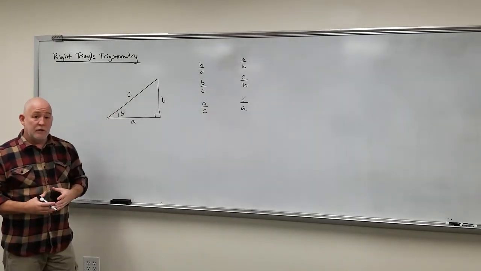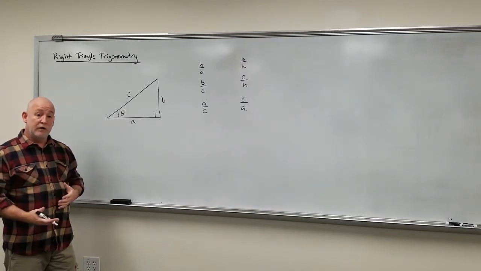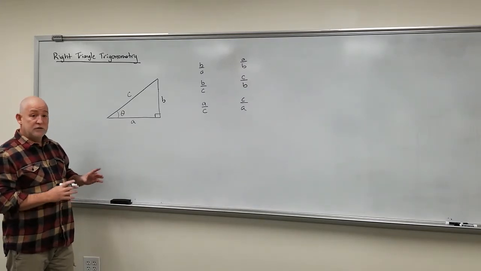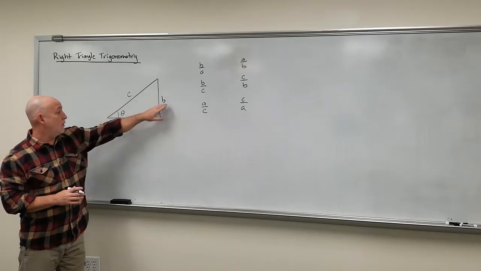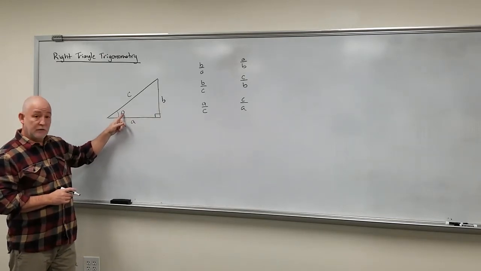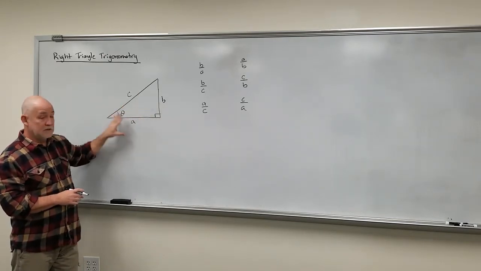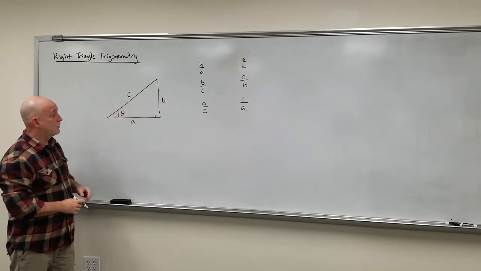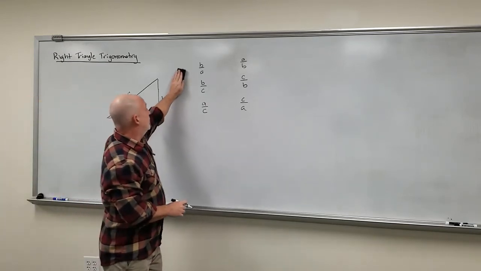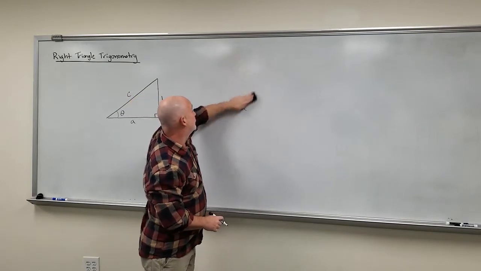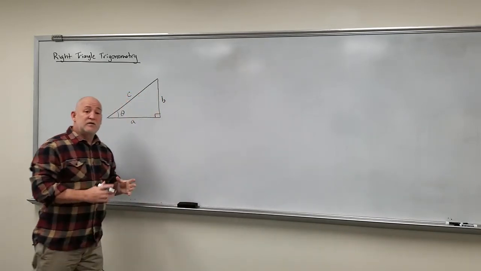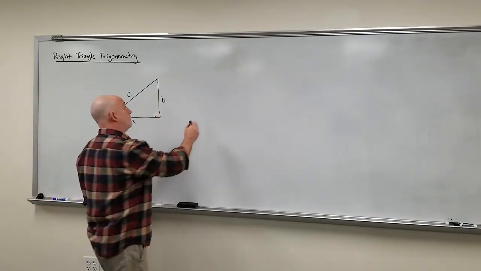Now this is where we're going to define what we call our 6 trig functions. Our trig functions really just give us the value of this ratio depending on what this angle is, because remember, this angle is the only thing that defines these ratios, as long as it's a right triangle. So here's what we're going to do. I'm going to erase these real quick because those were just kind of random. We're going to define 6 trig functions, and I'm going to give them their full name first.